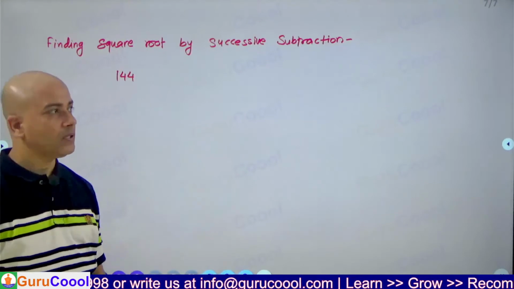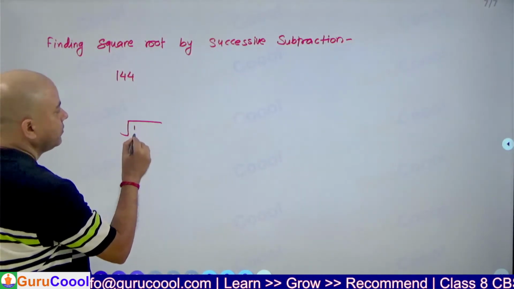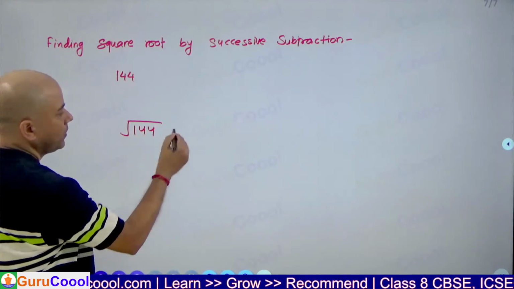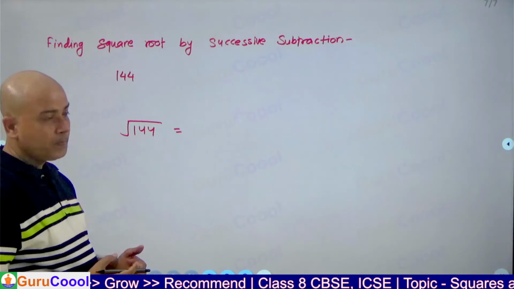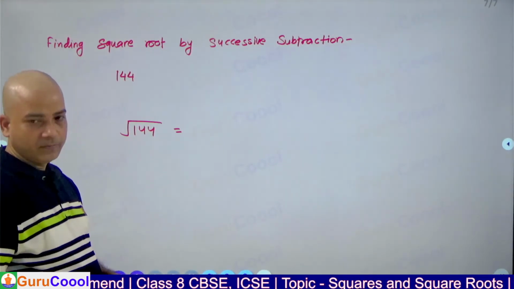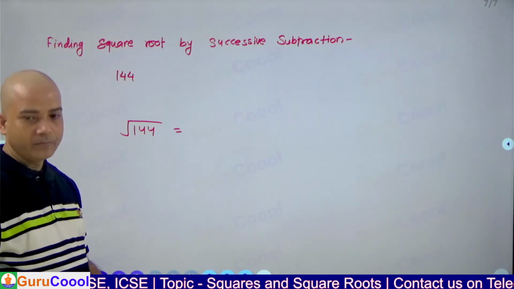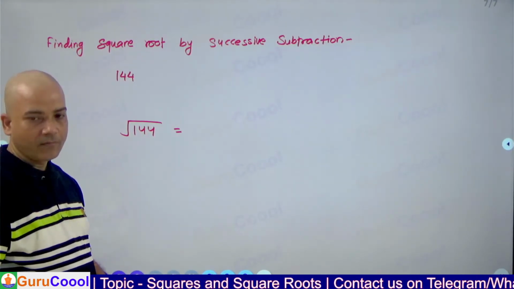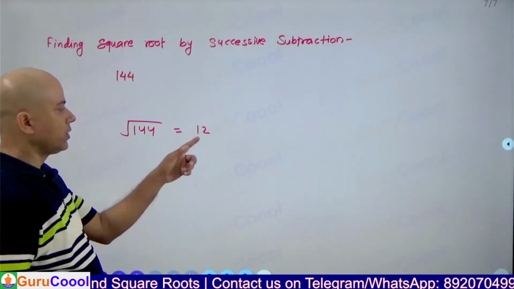What is the meaning of a square root? Finding the square root of 144 means we want to know whose square is 144. So square of 12. So 12 is the square root of 144.